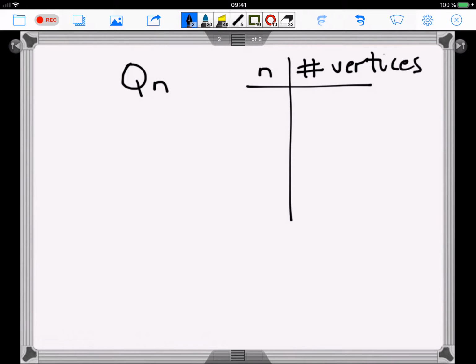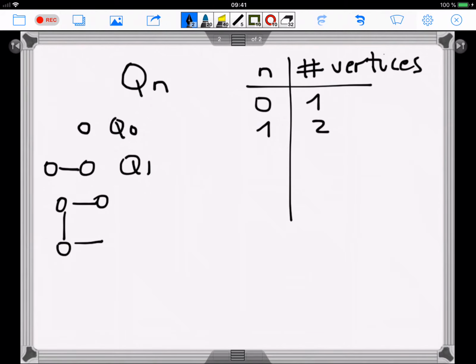Okay, so for Q0, remember that Q0 is just a vertex. So for Q0 we have 1. For Q1 we have this segment, these two vertices connected to each other. So for Q1 we have 2. For Q2, which is this square, we have 4.